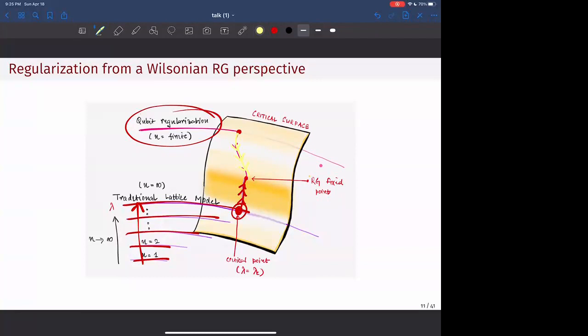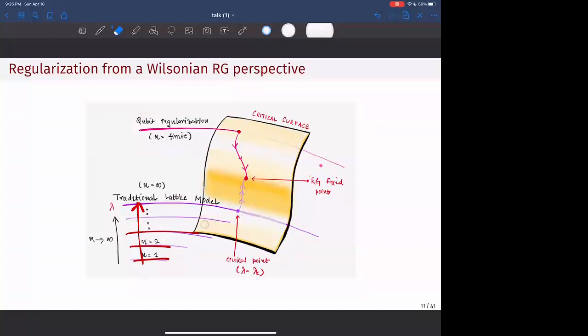Hersh, I'm a bit confused by this. This critical surface that you're talking of, I think the point you are describing is the asymptotically free fixed point, maybe the traditional lattice model. Is that what you mean, and then what is this critical surface?